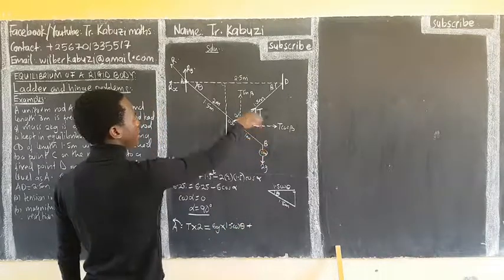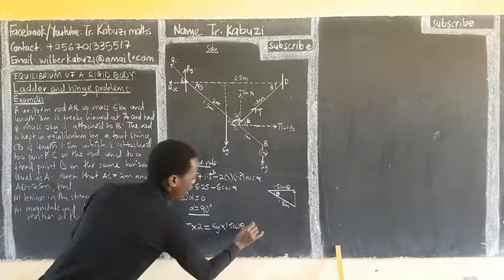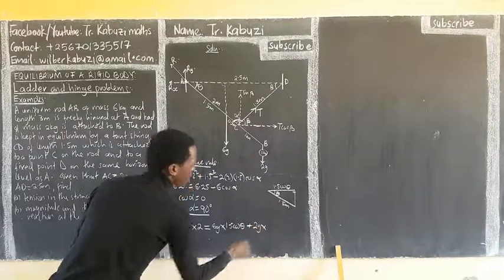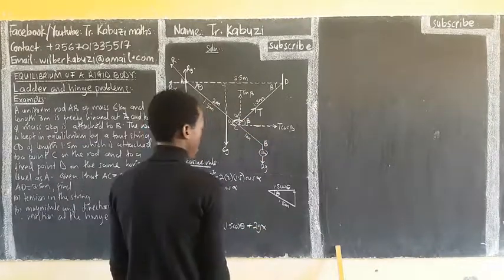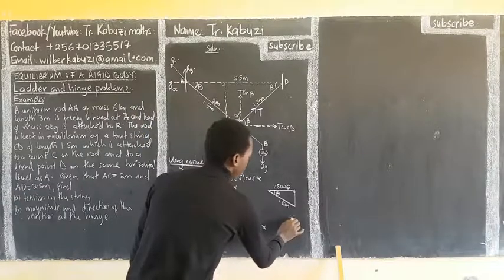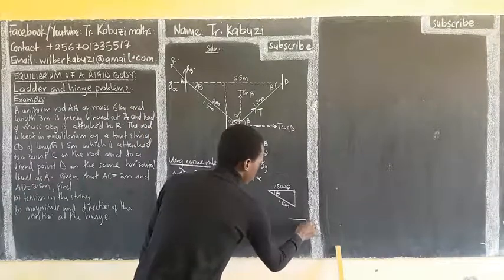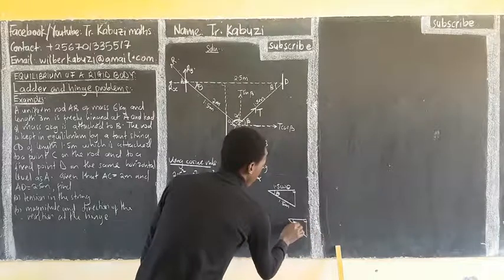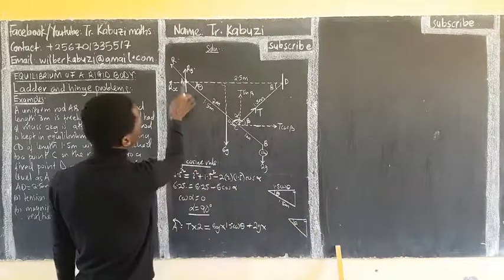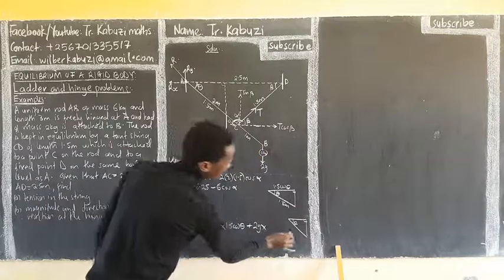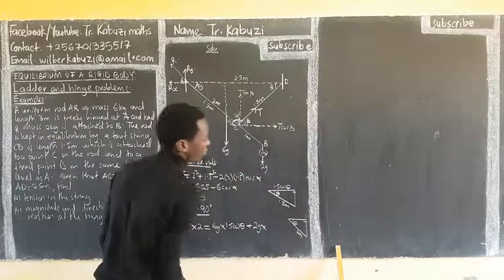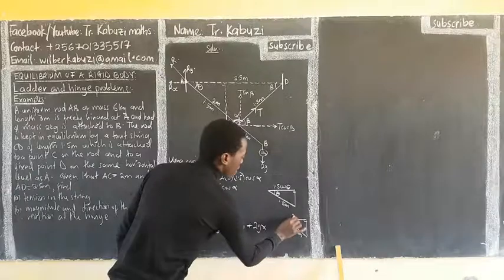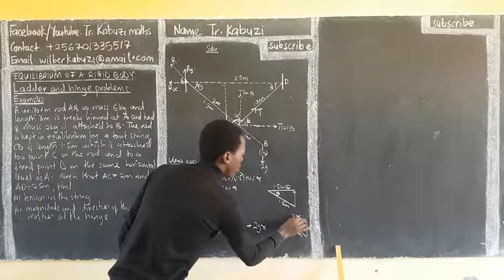I have this one, 2b, then times. Now for 2b, I'm going to draw a simple diagram so that I can get the perpendicular distance. This is going to be theta, and from here up to here is 3 because it's the length of that rod. So this is going to be 3 cos theta.